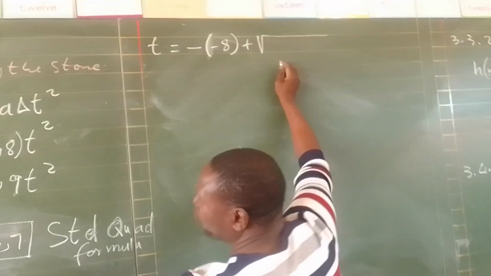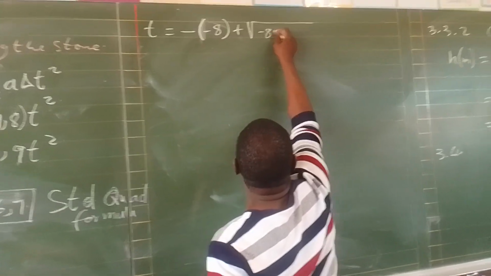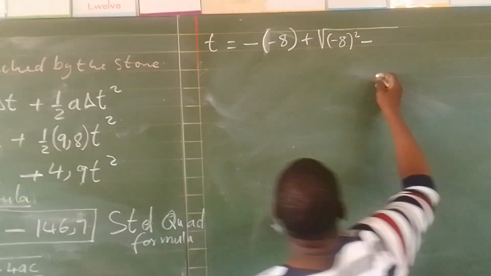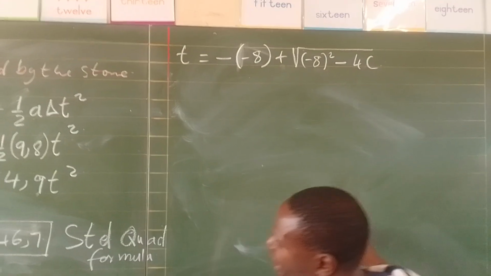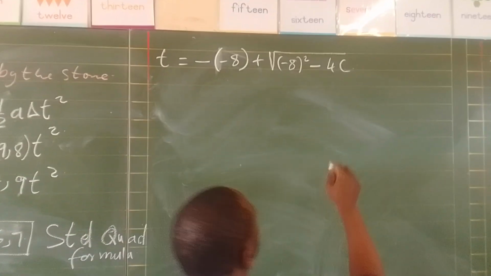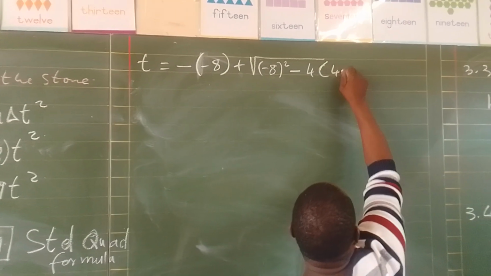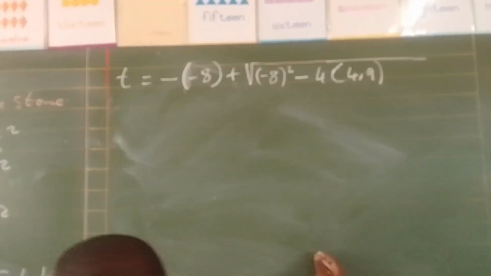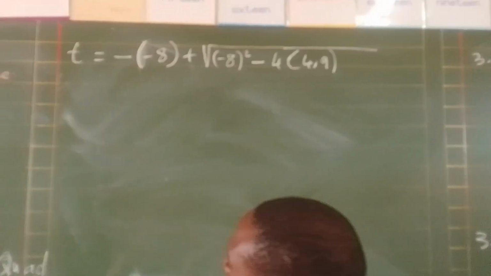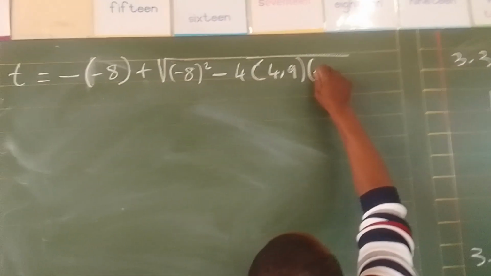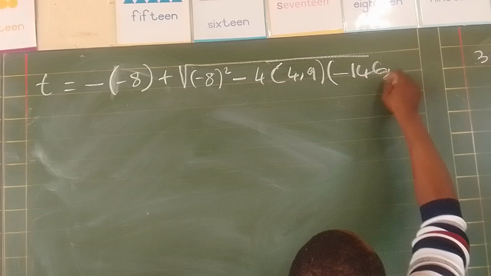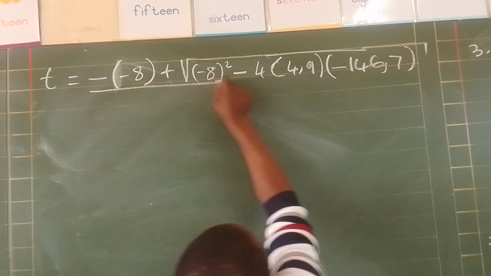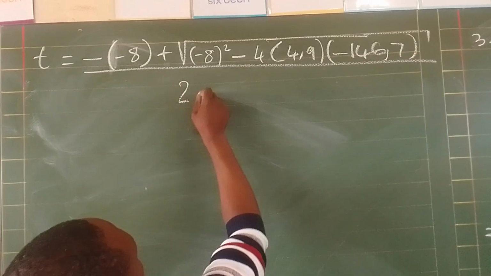The square root of b squared, our b squared is minus 8 squared, minus 4 times our a, which is 4.9, and our c is negative 146.7, all divided by 2 times a.